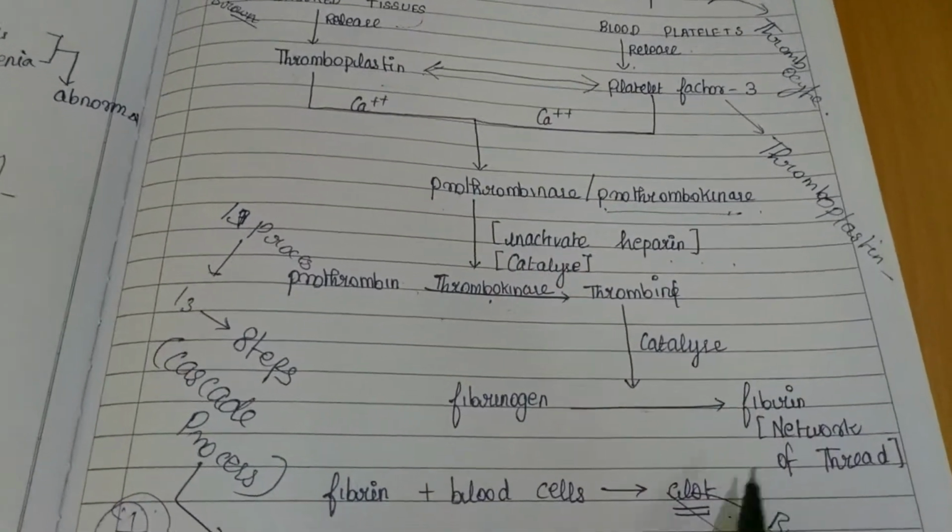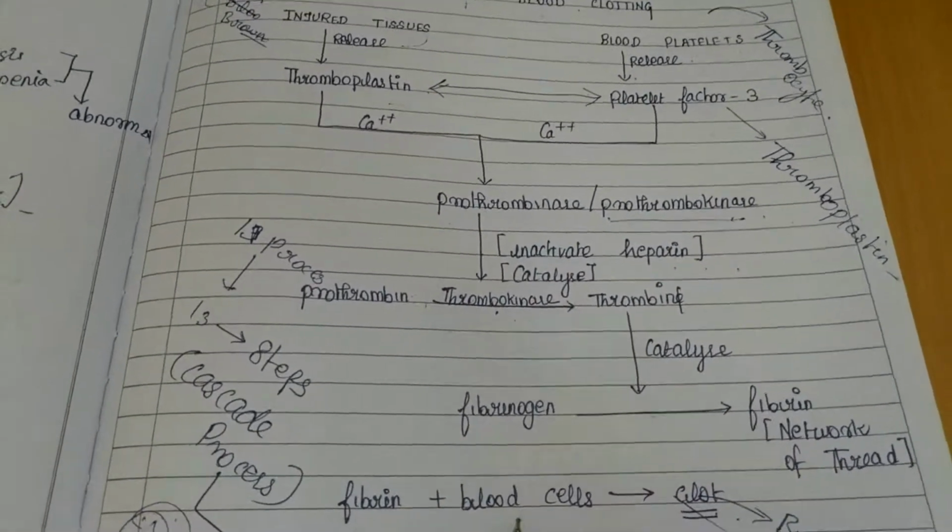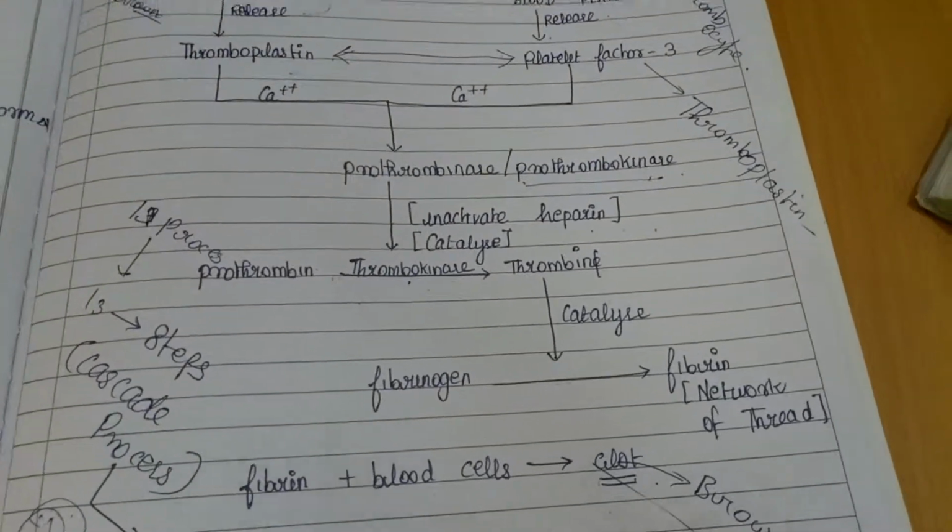Fibrin is the network of threads which together with the blood cells forms a clot, which is nothing but the brown colored scum.